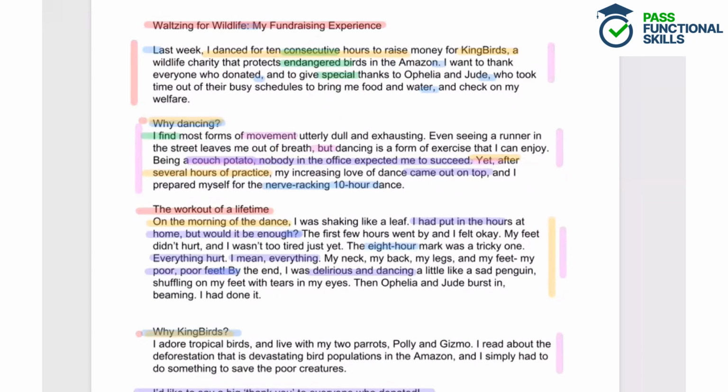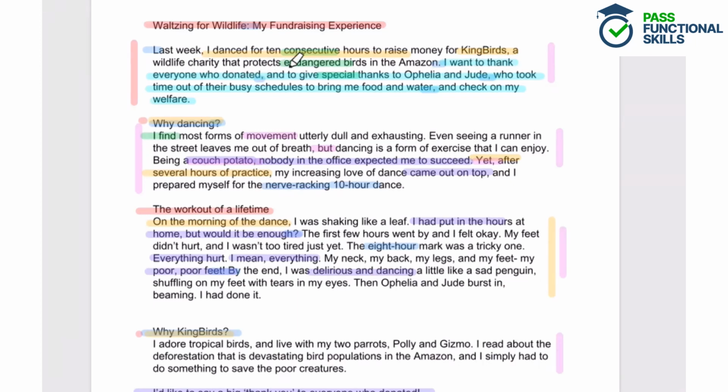Finally, let's consider whether this answer has some longer, more detailed sentences. So we saw that this sentence here includes a range of different clauses. We've got these clauses separated by commas, and we have lots of different details that have been included and linked together in the same sentence. So we've got, I want to thank everyone who donated.